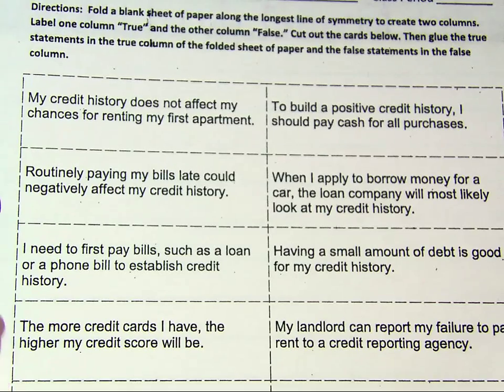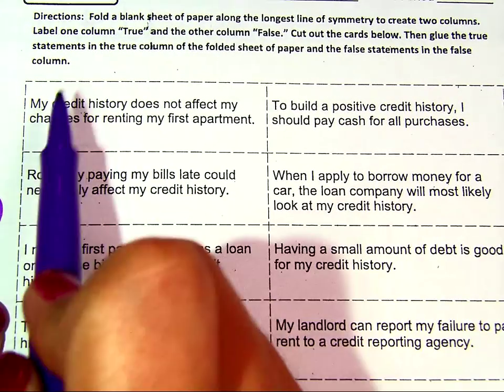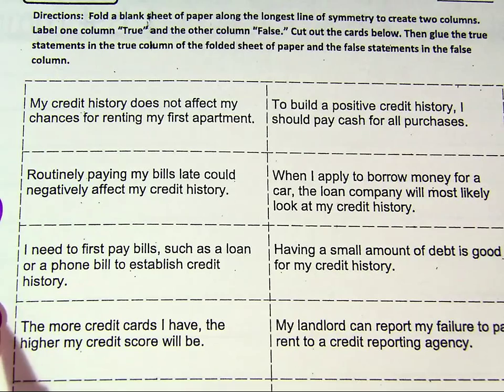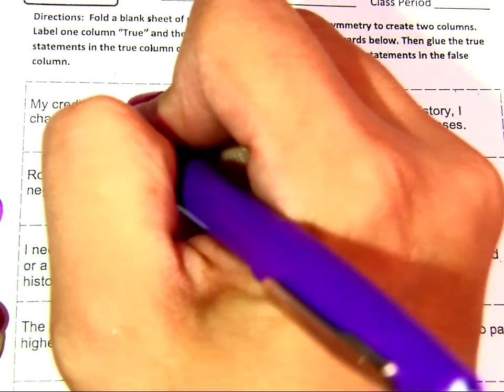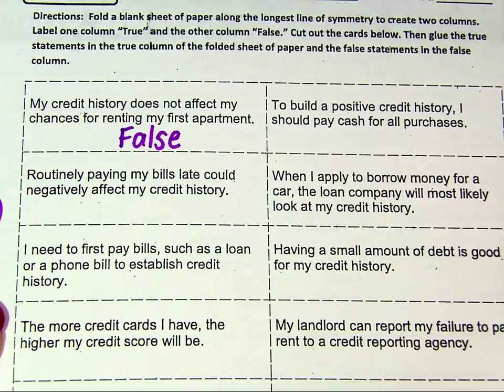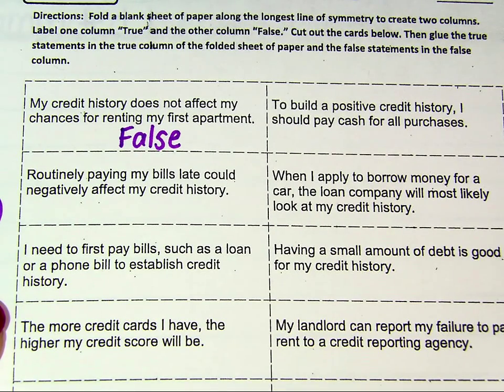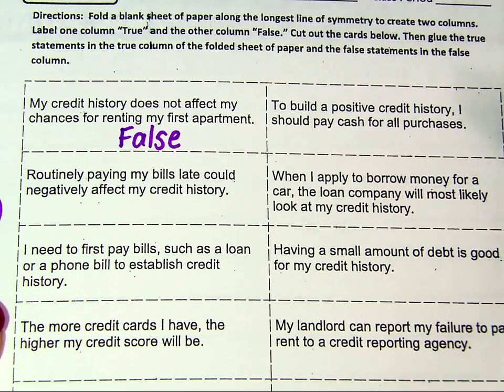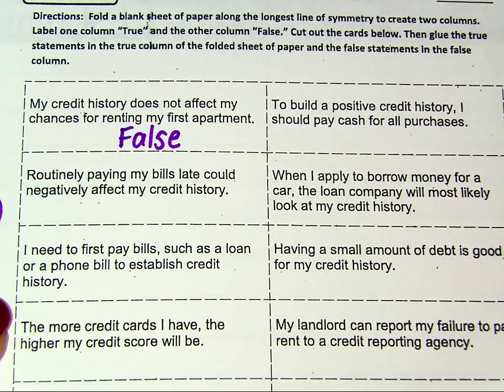All right, so the first one says, my credit history does not affect my chances for renting my first apartment. What do you think? The answer here is false, because it does affect a rental application. To build a positive credit history, I should pay cash for all purchases. What do you think about that one?